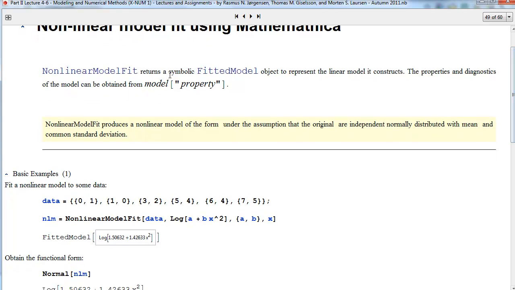As it says, the nonlinear fit produces a nonlinear model under the assumption that the original data are independent, and this is important, and normally distributed with a mean and a common standard deviation. And this is something you need to verify when you get the results, that this is fulfilled. I think I'll come back to that in the next lecture.